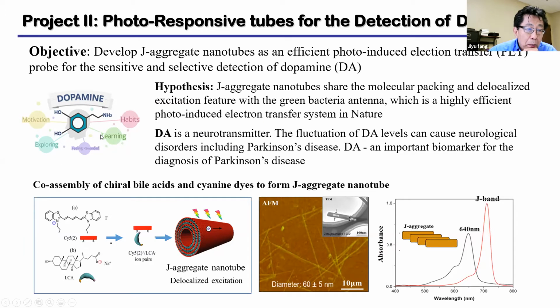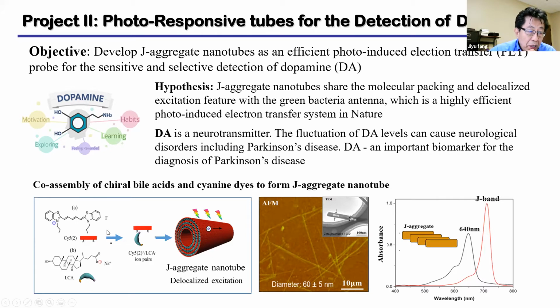We know dopamine is a very important neurotransmitter. Concentration changes of dopamine can cause diseases such as Parkinson's and Alzheimer's disease. So the concentration level of dopamine is commonly used as a biomarker to diagnose those diseases.